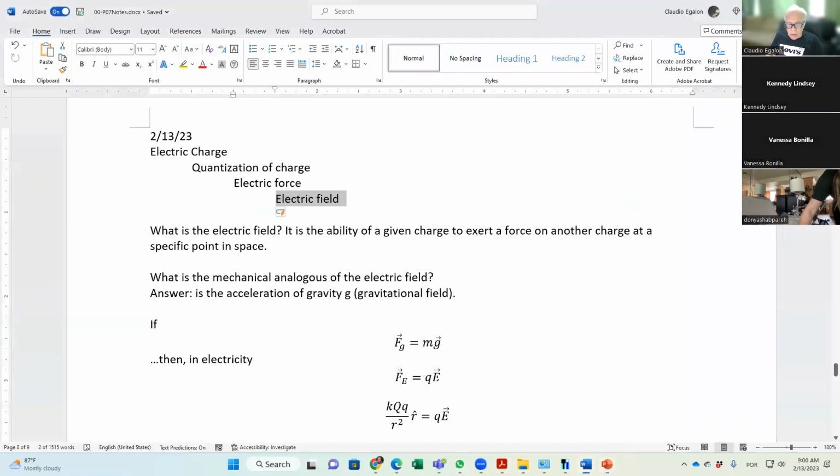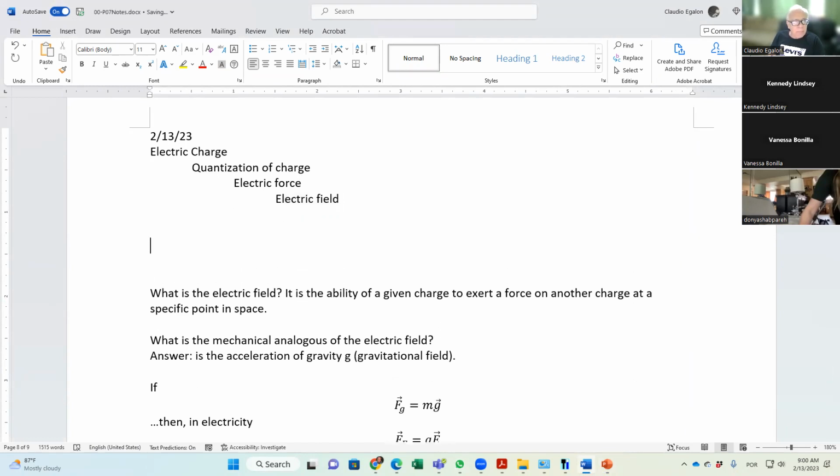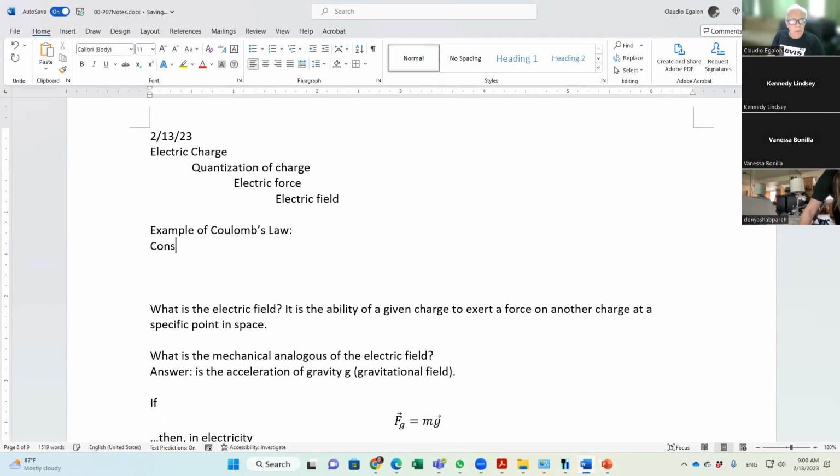Let's go back to our electric force slides. We're still doing electric force here. Very soon we're going to do the electric field. Okay, so an example of Coulomb's law. Consider three charges distributed along the x-axis.